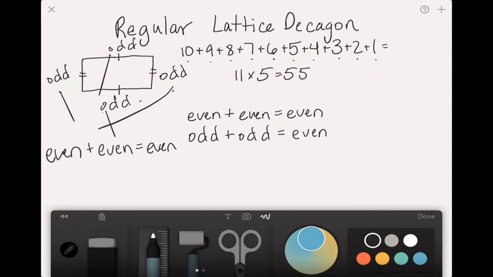Okay, so what if it's all even? Let's just put an E for short.